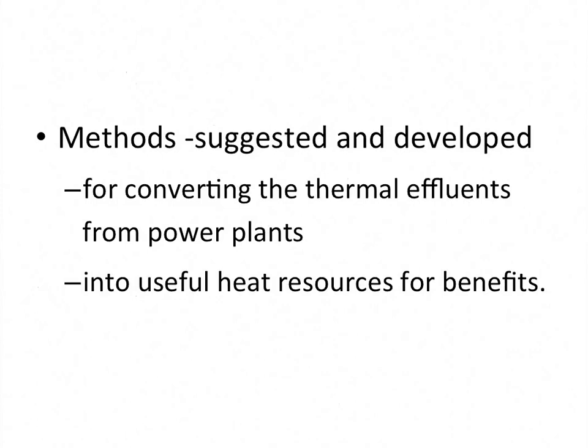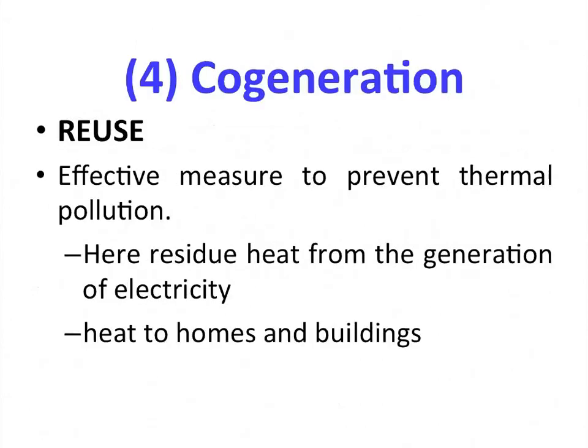Therefore, a number of methods have been suggested and developed for converting the thermal pollutants from power plants into useful heat resources in order to get the maximum benefit from these processes. So the last method to control thermal pollution is called cogeneration.